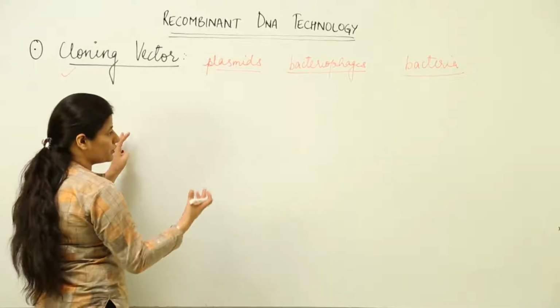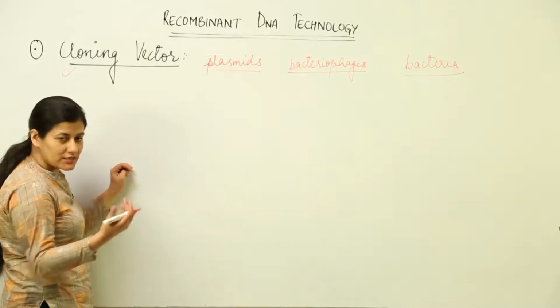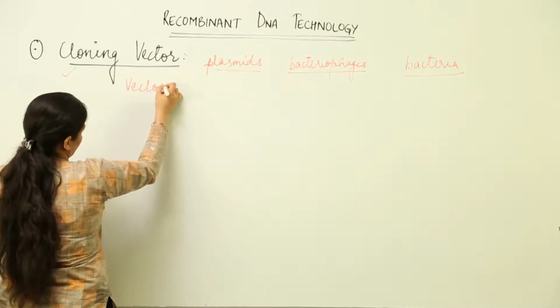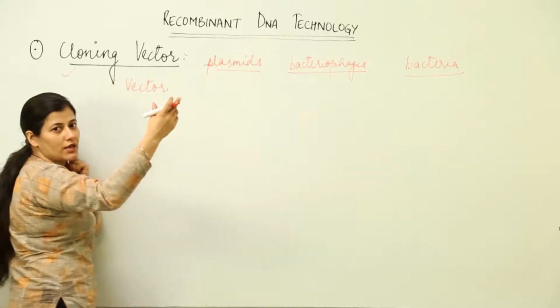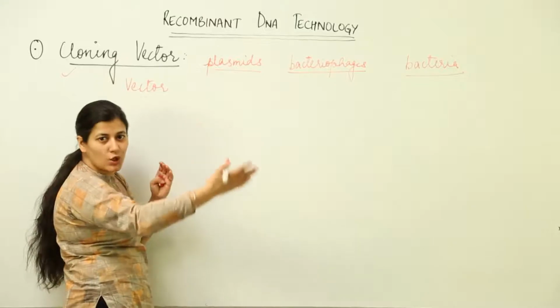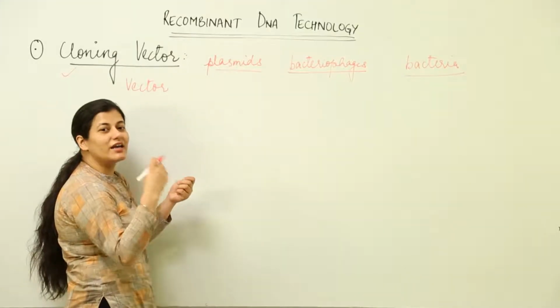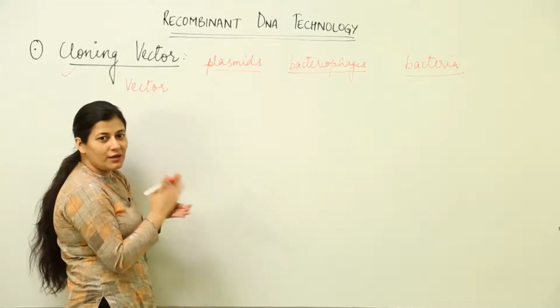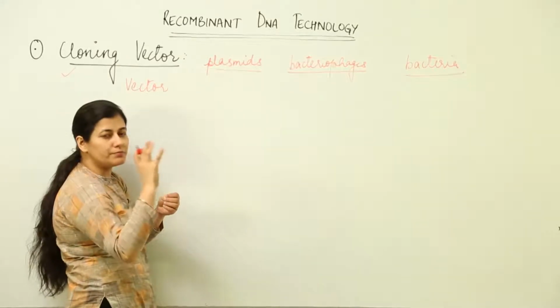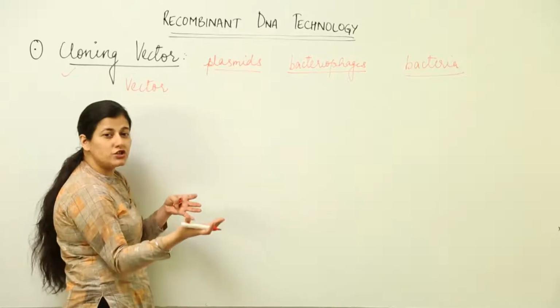Now you know what the purpose of cloning vector is. Like you know what a vector is. Vector, we take the example of a mosquito. Mosquito carries the protozoan plasmodium to its host. It itself is a carrier sort of thing which enables the plasmodium parasite to reach its host.